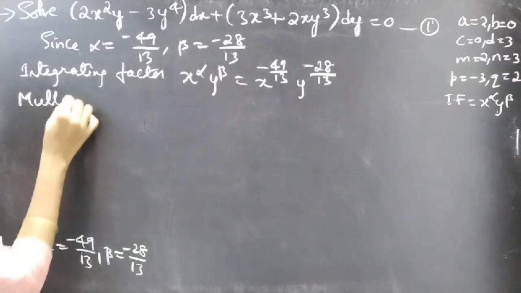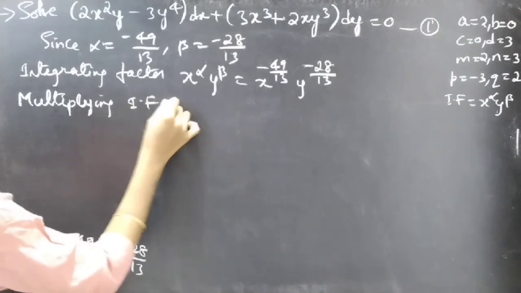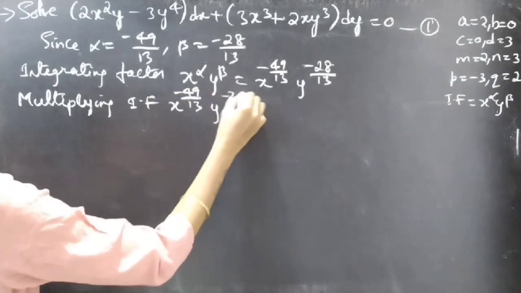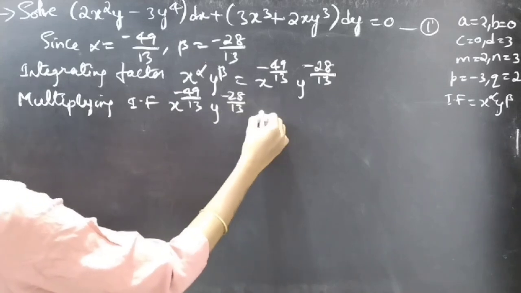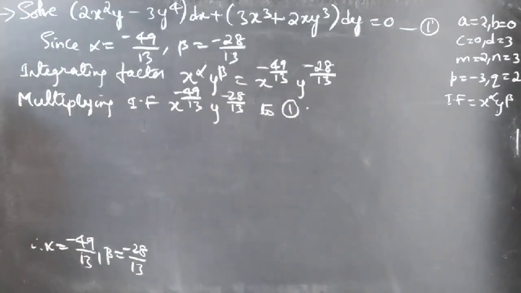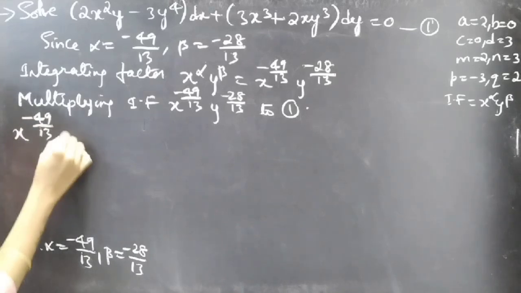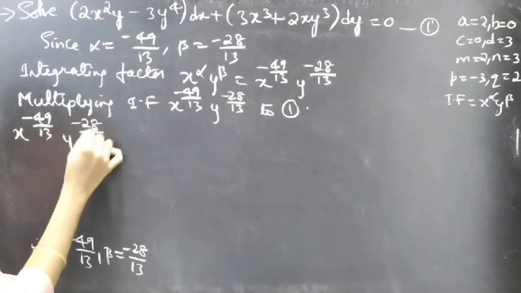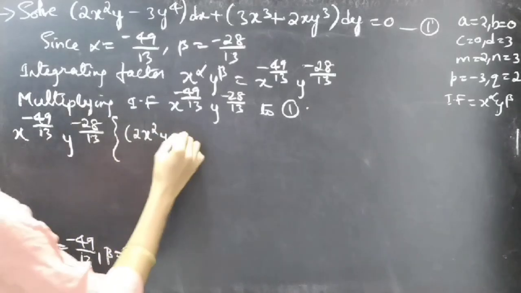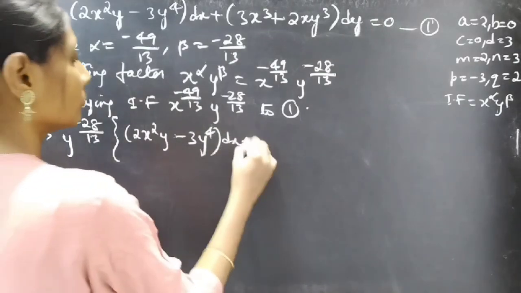Multiplying the integrating factor x power minus 49 by 13, y power minus 28 by 13 to the given equation. I'm just writing the given equation here.